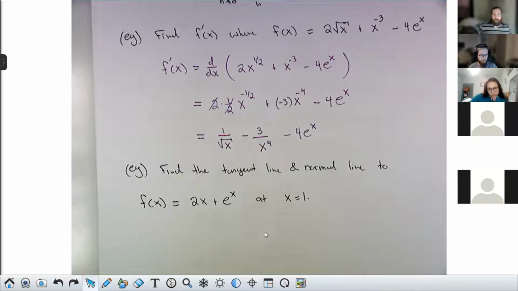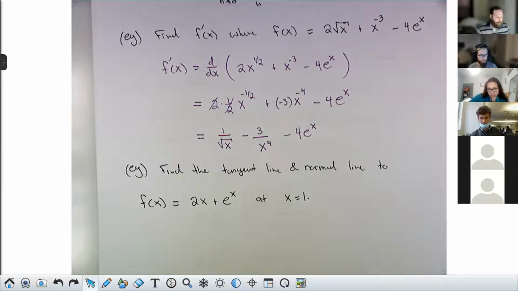Cameron's comment in the chat is correct. It will be the line whose slope is the negative reciprocal of the slope of the tangent. If I have two negative reciprocal slopes, what's the relationship between those lines? They're perpendicular. Very good, they're perpendicular.